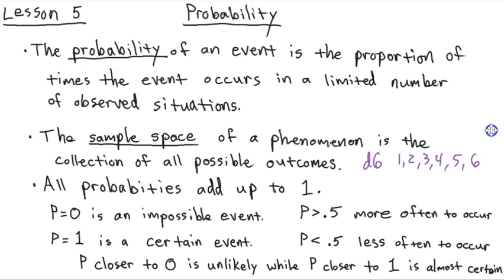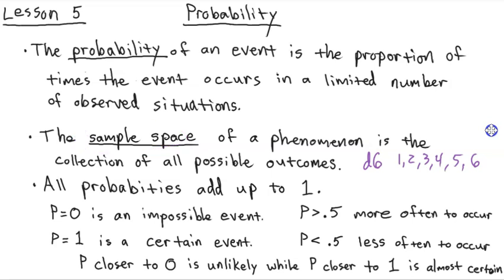Let's say we wanted to know each individual number. Well, there are 6 possible outcomes: 1, 2, 3, 4, 5, and 6. That would be the sample space of the phenomenon.